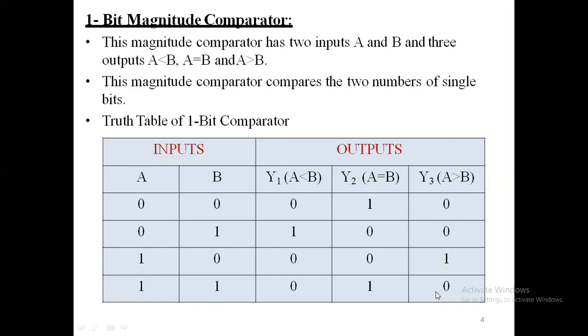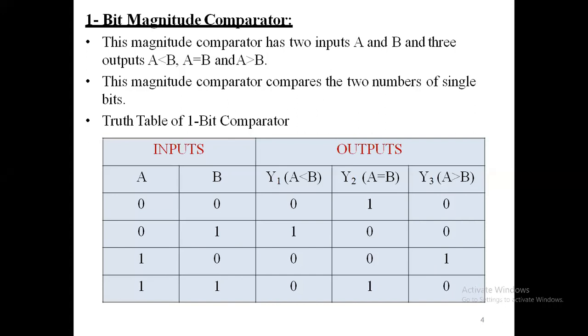So first you have to find out how many entries are there for a 1-bit, 2-bit, or 3-bit comparator. For a 1-bit comparator, the number of entries is 2 power 2n, that is 2 power 2 into 1, so 4 combinations.